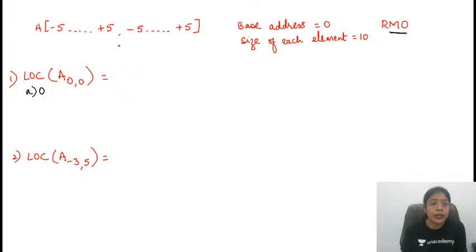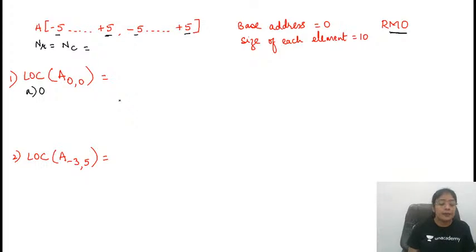First of all, can you tell me, according to the given array declaration, how many rows and how many columns are available? Almost the same subscripts they are using. So the number of rows and number of columns will be the same, because row number and column number both start from minus 5 and the upper bound for both is plus 5. So how many rows and columns will be there?